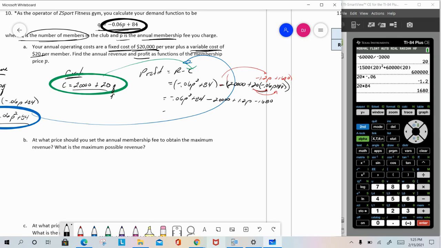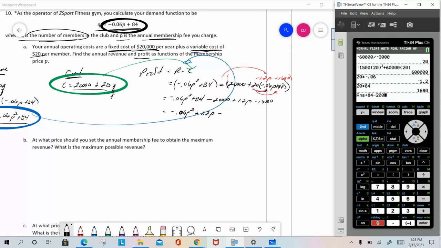So we've got negative 0.06p squared plus 1.2p minus, well, we got plus 84 minus 20,000. Well, you know what? I'm staring at this. This is a P here.